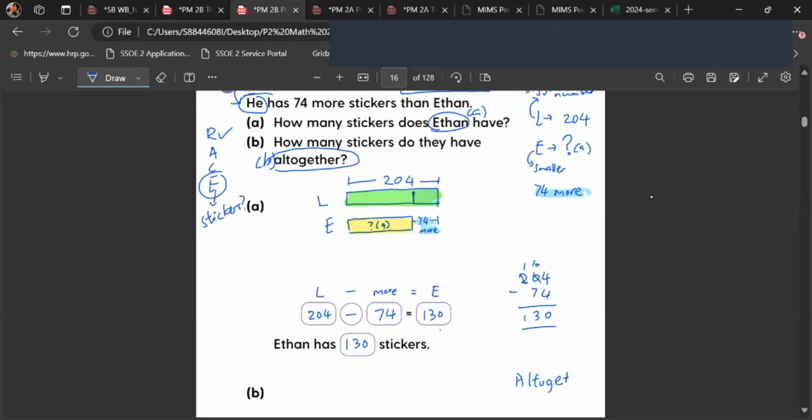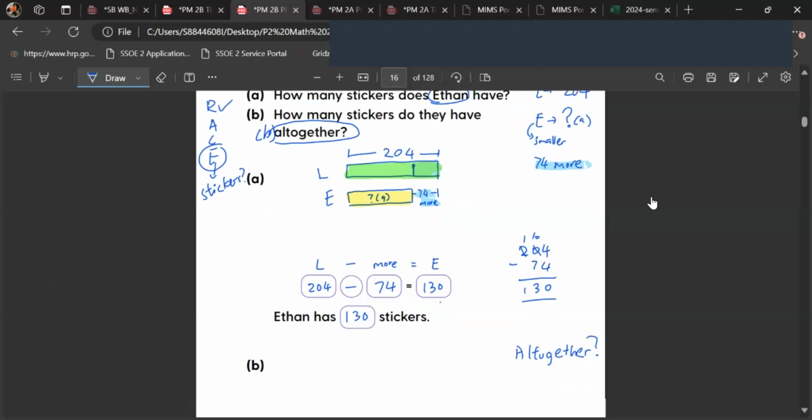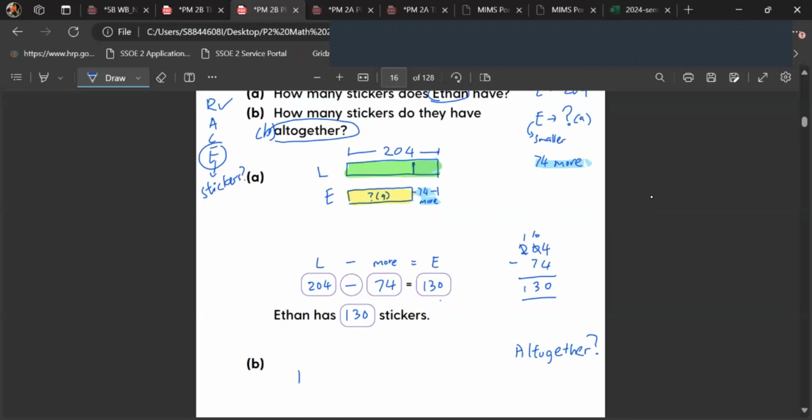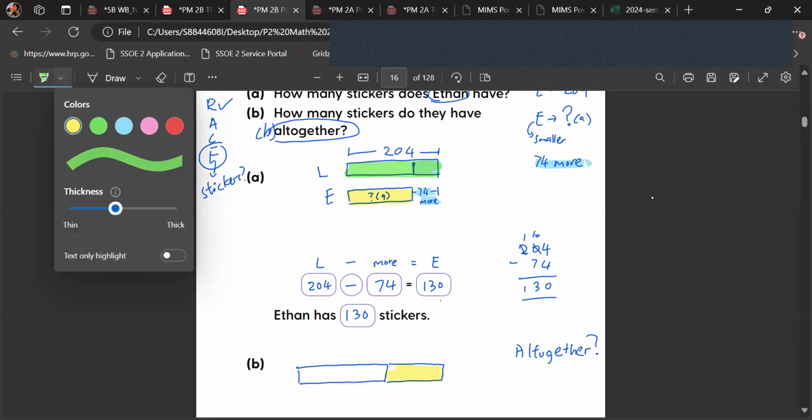That means Lucas plus Ethan. So I will draw Lucas one bar and Ethan one bar. I'll try to draw them about the same as just now. This is Ethan, and then this is Lucas.